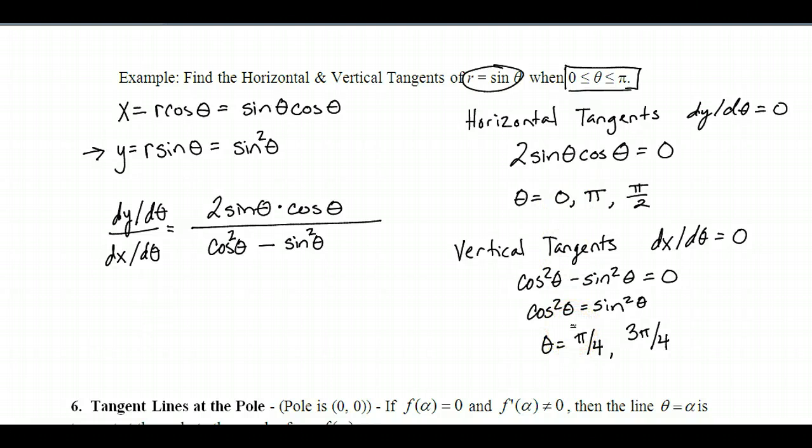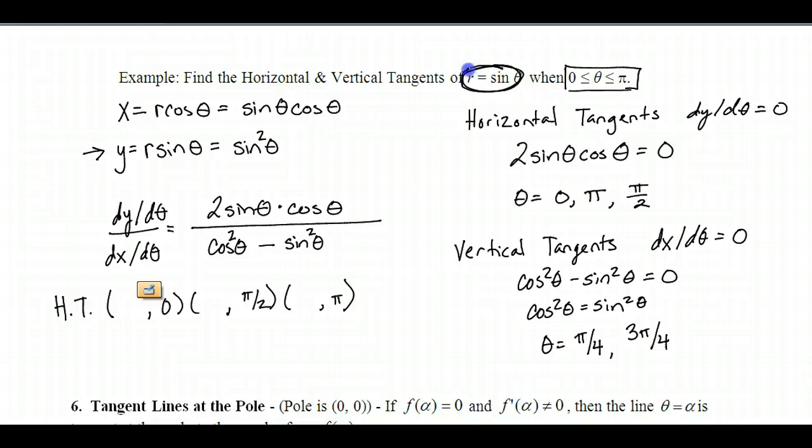And so therefore, to find our horizontal and vertical tangents, what I would say is my horizontal tangents: remember when we do polar coordinates, it's r, theta, and these are theta values, so that would be 0. If we go in order, then it would be pi over 2, and we have pi. If I ask for points, we have to calculate what our points would be.